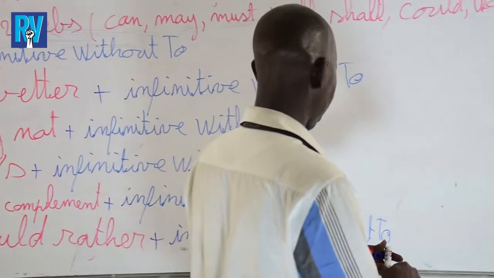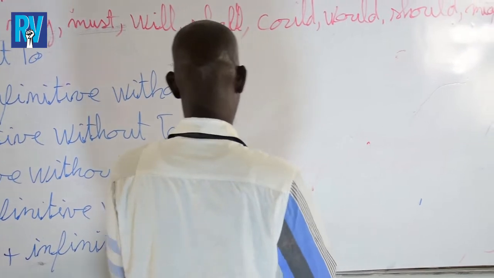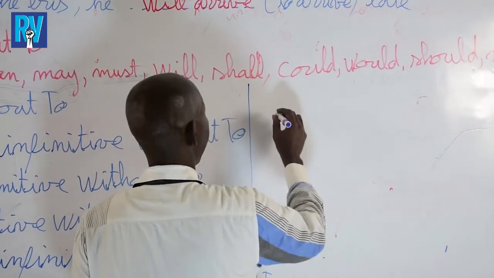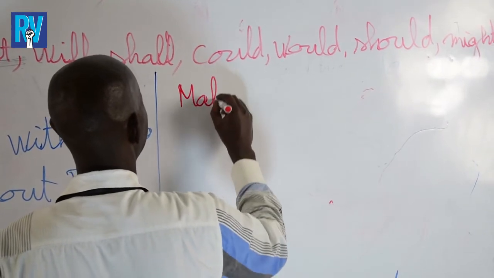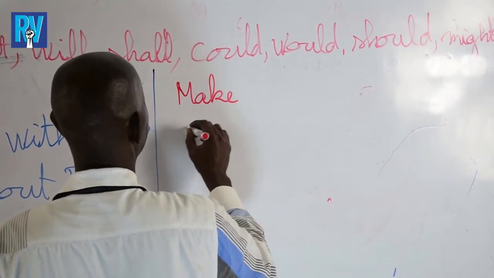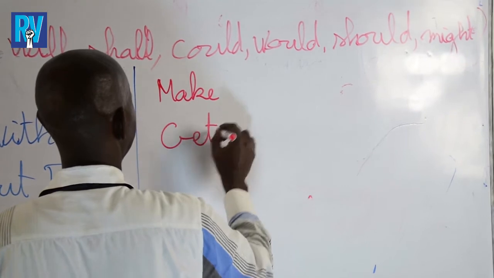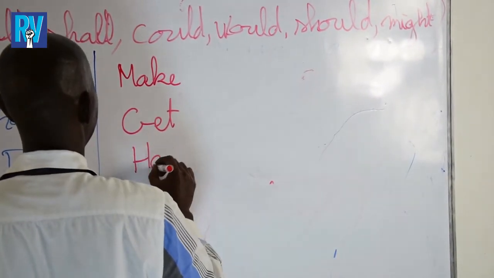Okay? We have also three verbs. Trois verbes. We have the verb make, get, have.